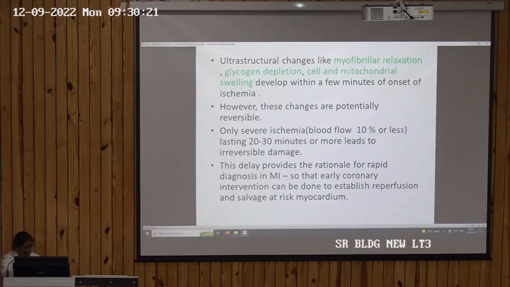And severe ischemia lasting for 20 to 30 minutes will lead to irreversible damage. So these 20 to 30 minutes are known as the golden period, in which if the patient is taken to the hospital and reperfusion is started, infarction of the heart can be prevented.